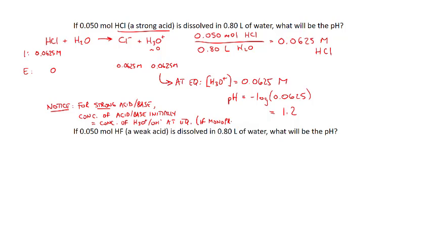If you have a diprotic or triprotic that can donate multiple protons, then it would be a multiple of that. So this is not the case for weak acids or bases.